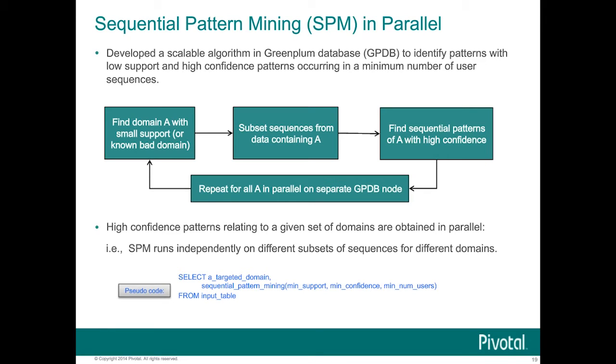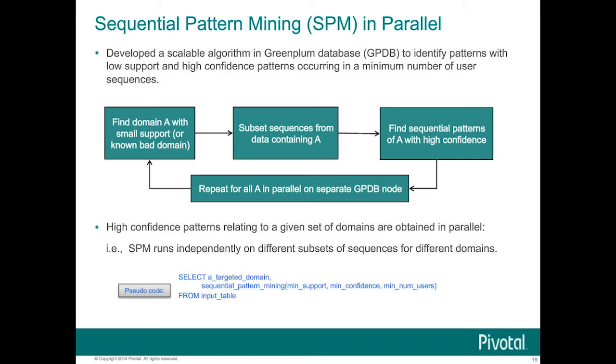Hence, the support and number of users would be very useful to prune these higher level domains based on the lower level domains. So once we have those domains satisfying a given support and number of users condition, we find out among those patterns of domains which have very high confidence in order to identify the watering hole attacks, right?